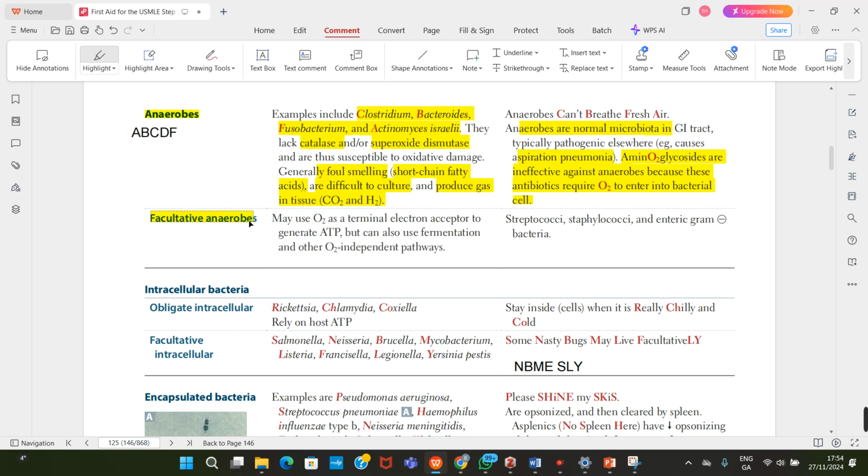But if there's no oxygen, they will just undergo glycolysis fermentation and generate their ATP. So organisms that can combine both of them, we call them the facultative anaerobes. And that includes Streptococcus, Staphylococcus, and some gram-negative enteric organisms.